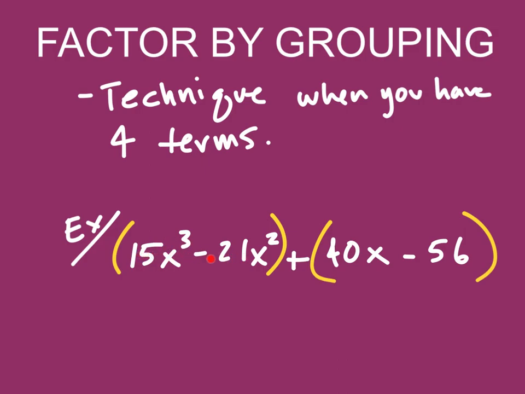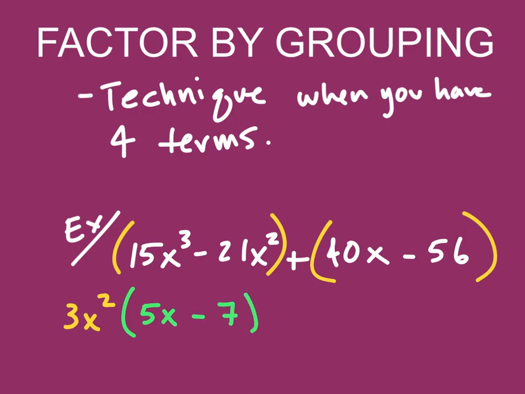Then you look at the first two terms and ask what the greatest common factor is. You can factor out a 3x squared, and you're left with 5x minus 7.